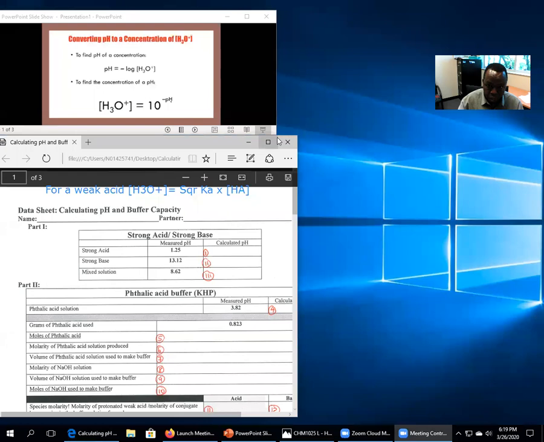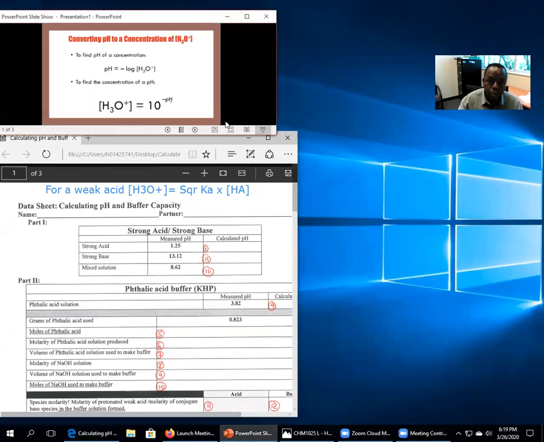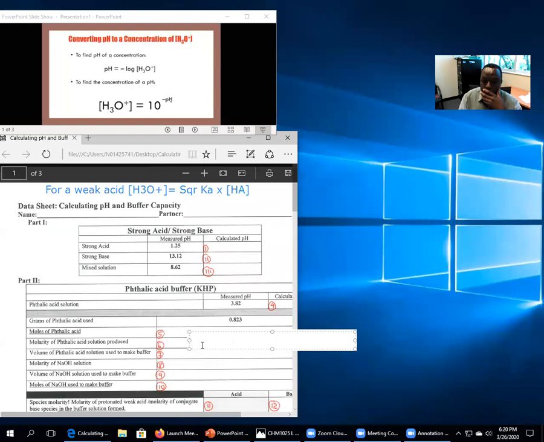Let me use the little space I have here to show you how to convert from pKa to Ka. Ka is given by the antilog of negative pKa. So Ka equals 10 raised to negative pKa.